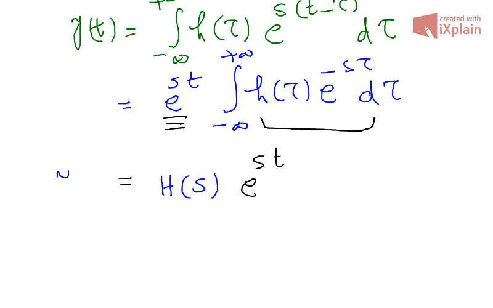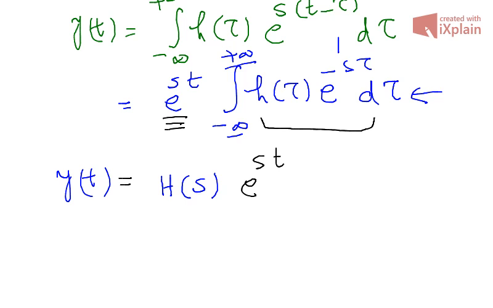This is a function of s, because you integrate with respect to tau, putting the limits of tau from minus infinity to plus infinity, so you would be left with a function of s only.